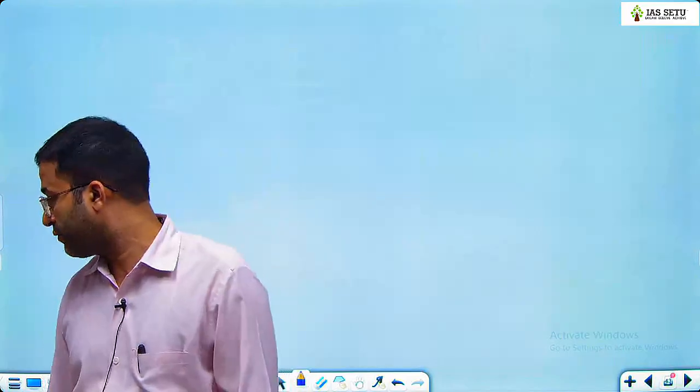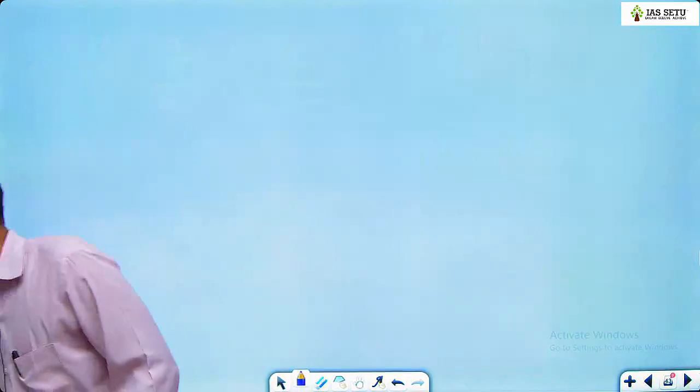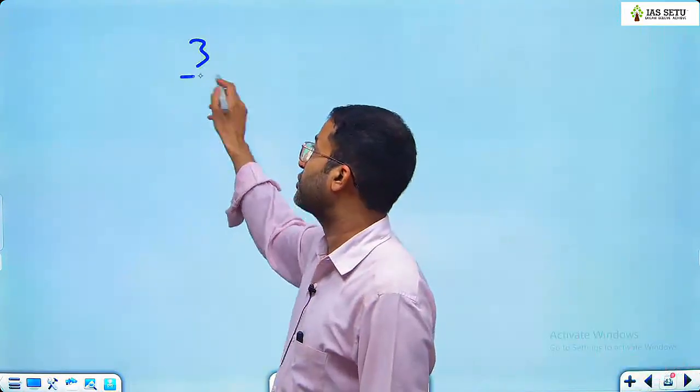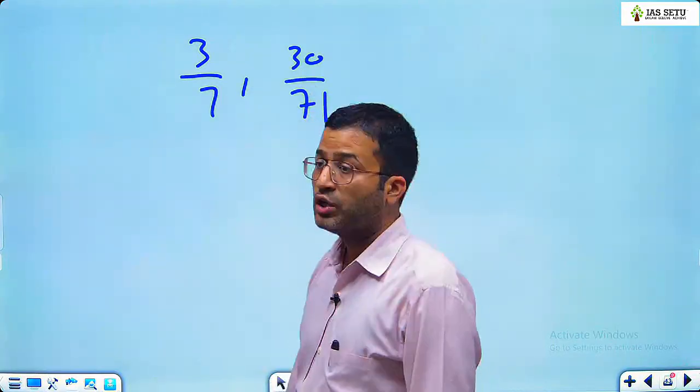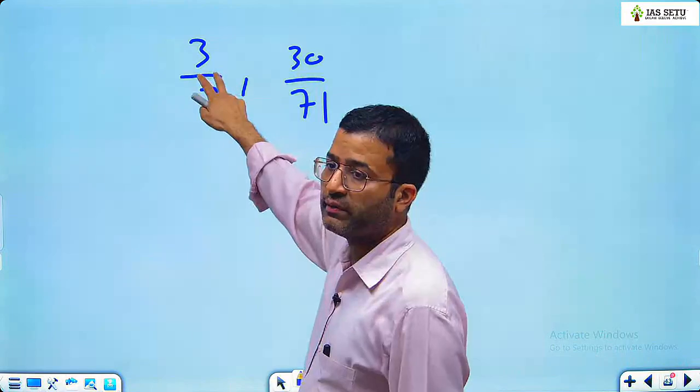Sometimes our numerator is not constant, but we can make it. Our numerator is not constant, but we can apply our type 2. Directly नहीं लग रहा, but घुमा के लगा सकते हैं. Like 3 by 7, 30 by 71. So either we can make it 3 or we can make it 30.